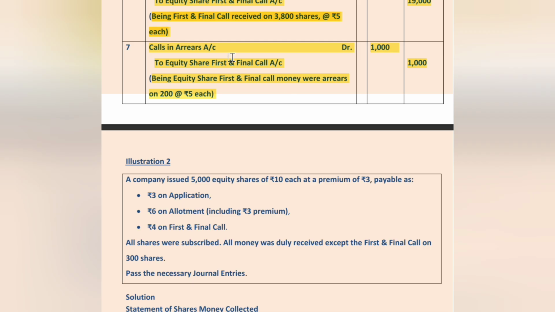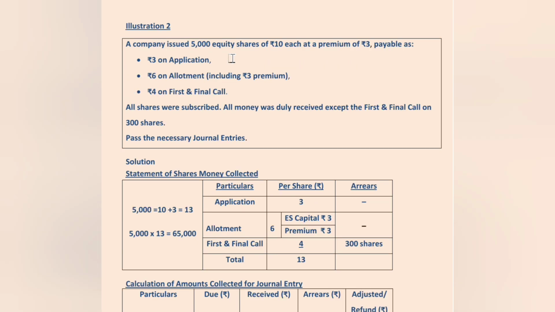Okay, let's go with one more example. A company issued 5,000 equity shares of rupees 10 each at a premium of rupees 3, payable as follows: application 3 rupees, allotment 6 rupees including premium, so 3 rupees capital and 3 rupees premium, and 4 rupees on first and final call.